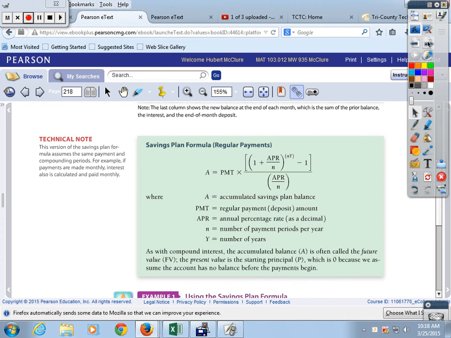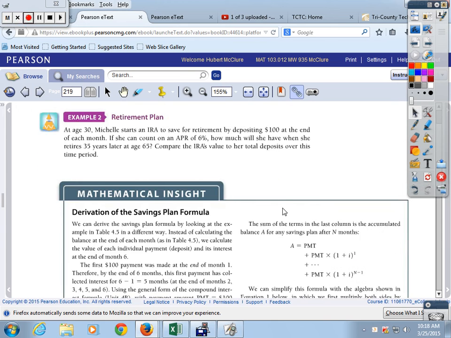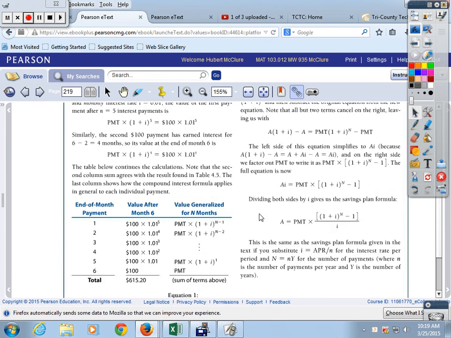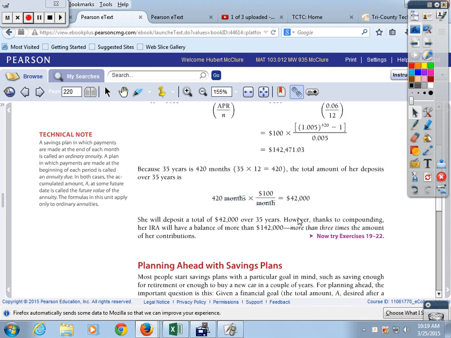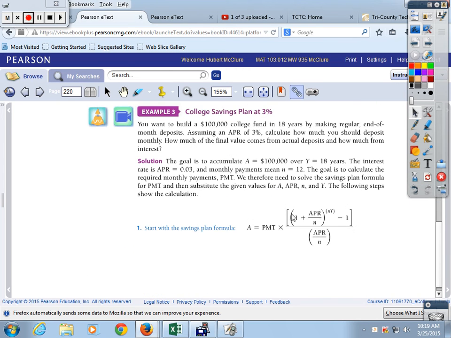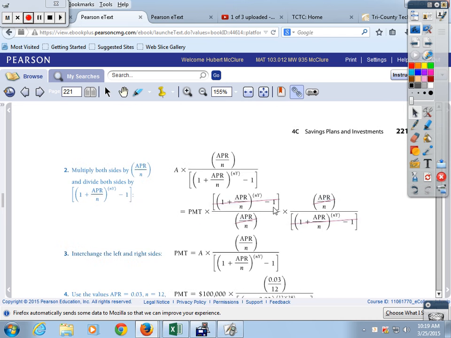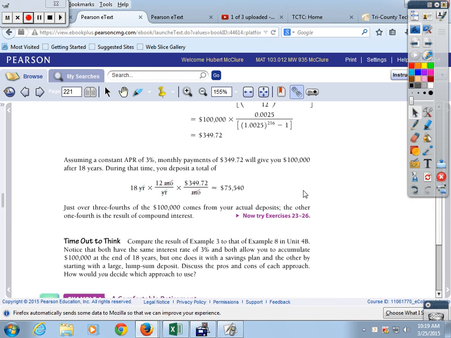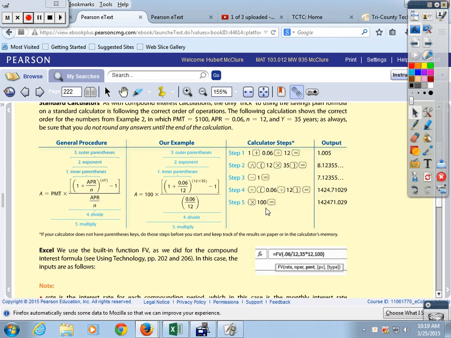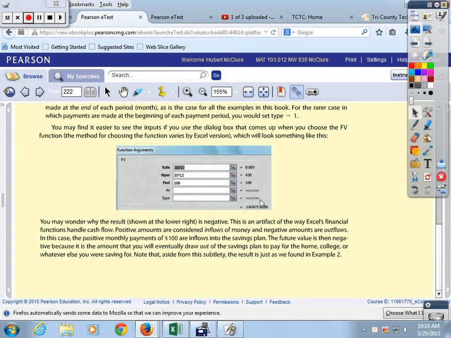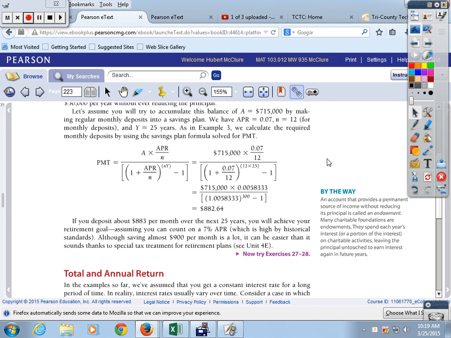Let's try it again. Oh, I'm hitting the wrong button. Operator. Usually right after they give you the savings plan, they give you the I'm going to throw up formula.